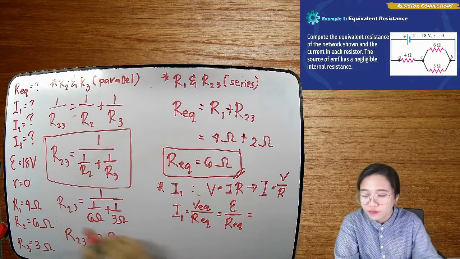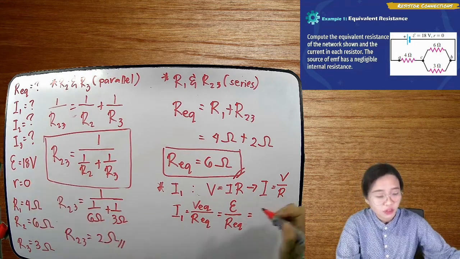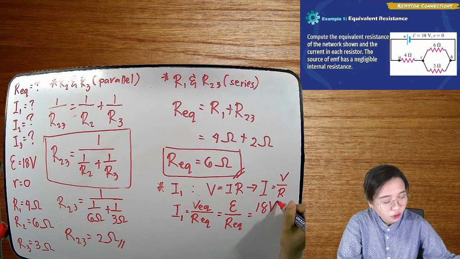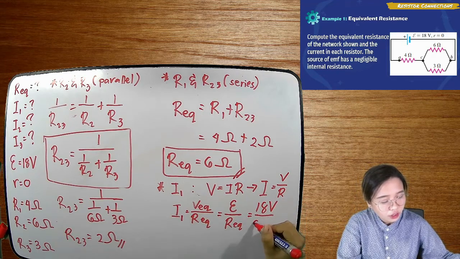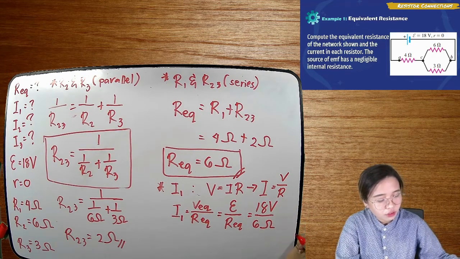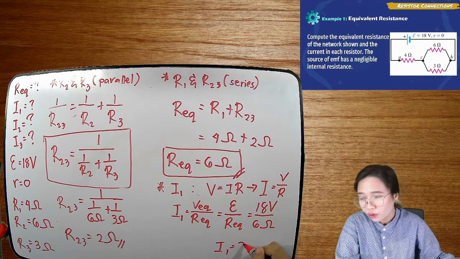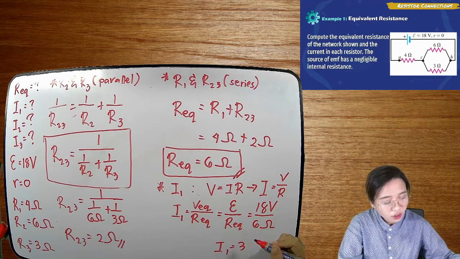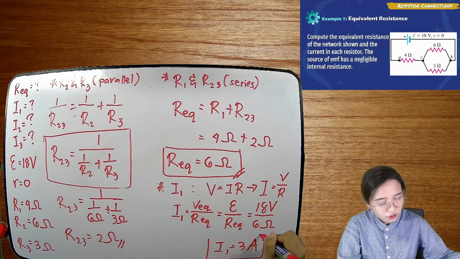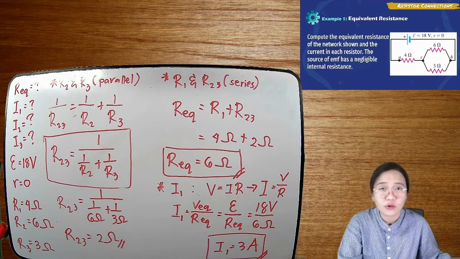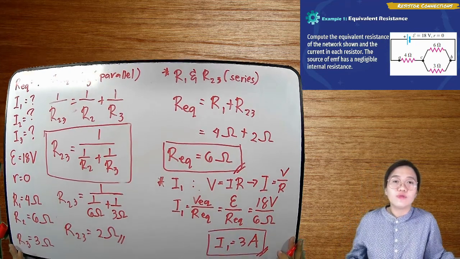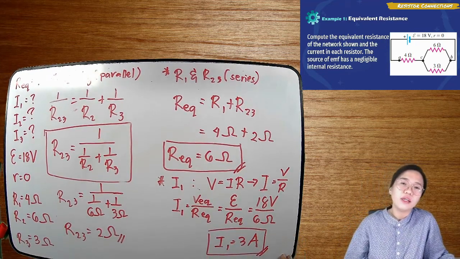Your EMF is 18 volts, so we have 18 volts over 6 ohms. Our answer, I1, is equal to 3. For the current, the unit is amperes, so we have 3 amperes. That is the answer for the current in the first resistor.